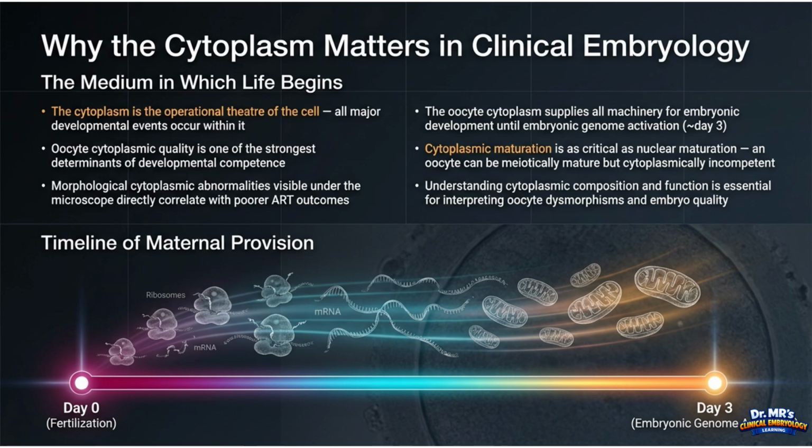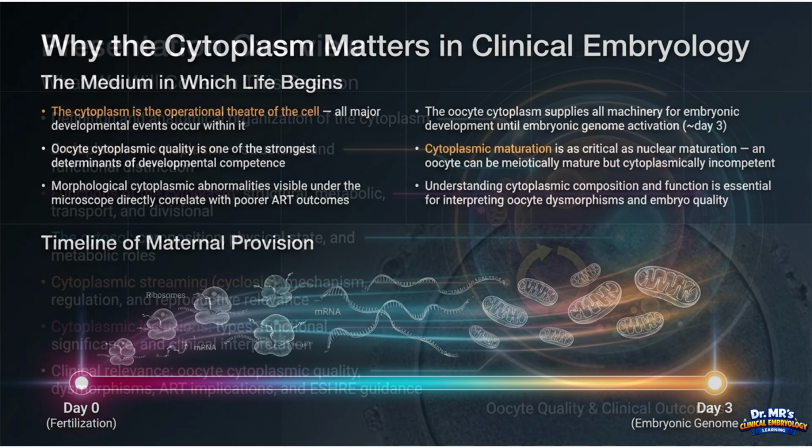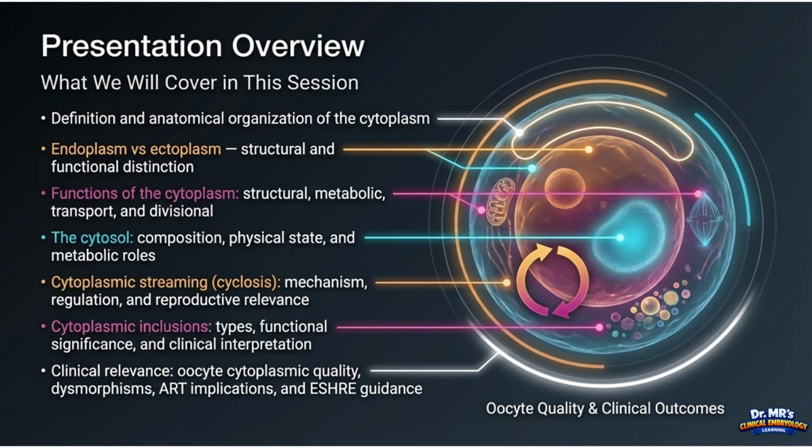Moving forward, let's take stock of everything we will cover in this session before diving into the detail. This session covers 7 interconnected topics, and they build on one another progressively, so it is worth orienting yourself to the journey ahead.